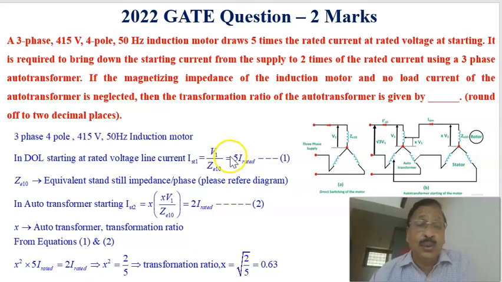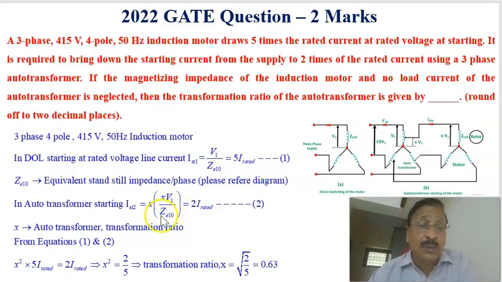That is equation 2. Now looking at this, we can see that V1 by Z01 is already equal to 5 I rated.